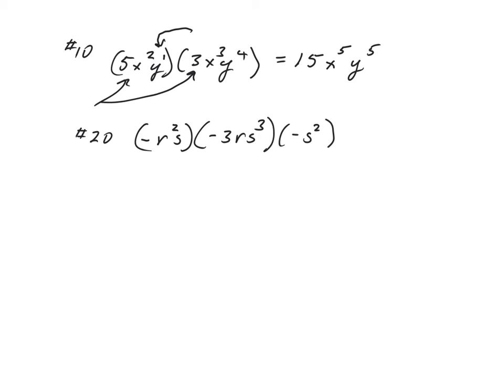Now, in this case, you may wonder what all the coefficients are. When you don't see a coefficient, when you just see a negative sign, that is the exact same thing as -1. And so we have a coefficient of -1, a coefficient of -3, and another coefficient of -1 over here.